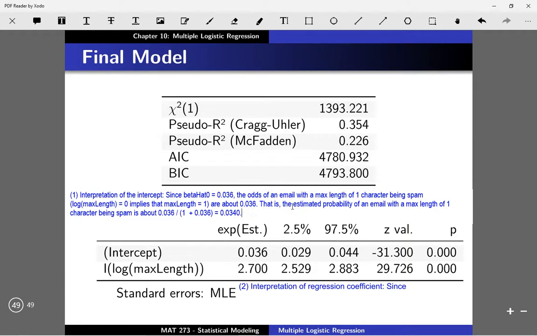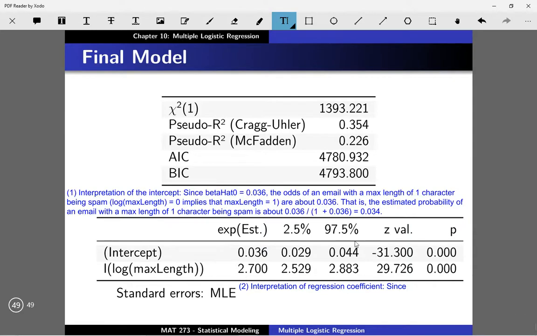Okay. So the estimated probability of an email with just one capital letter in its longest all caps word being spam is about 0.03% chance. All right.